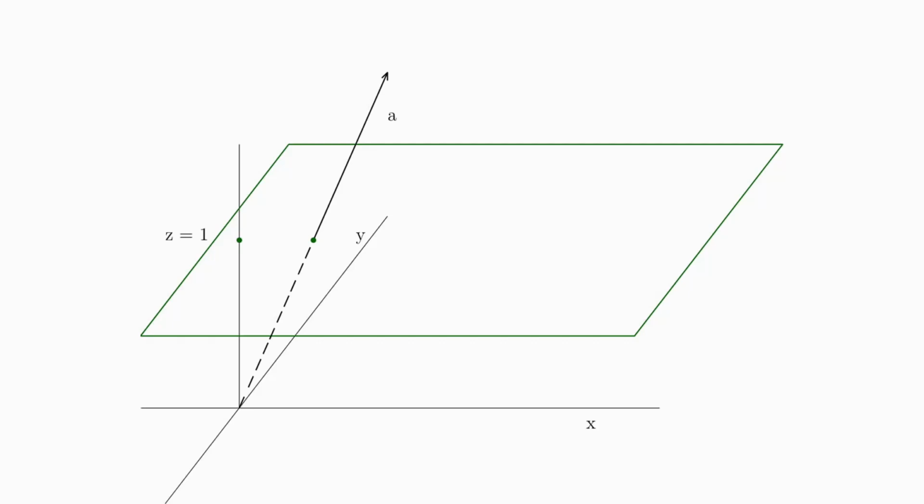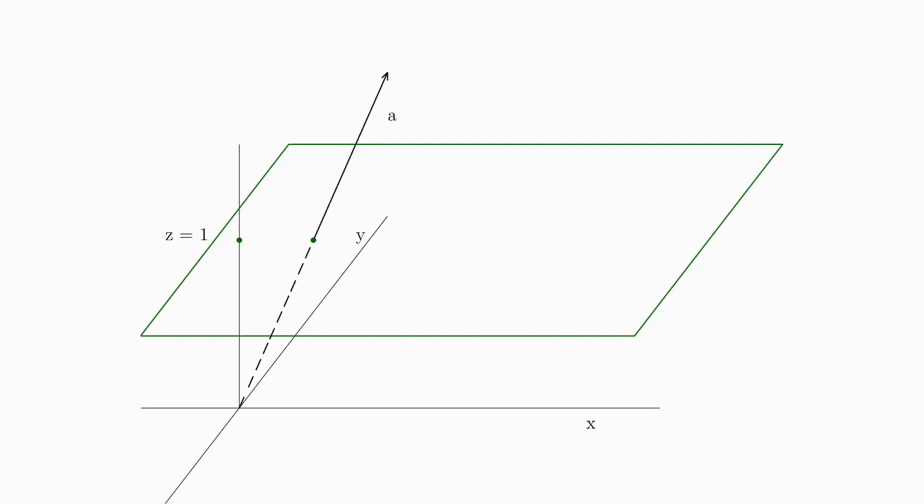So think of any vector in a 3D space, for example the vector A over here. You can scale it up, make it larger, make it smaller, make it negative, anything you want. And taking all the points this vector has pointed to, you will end up with a line crossing the 3D space.